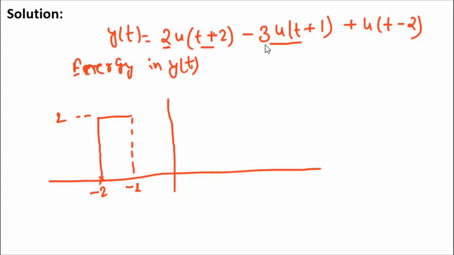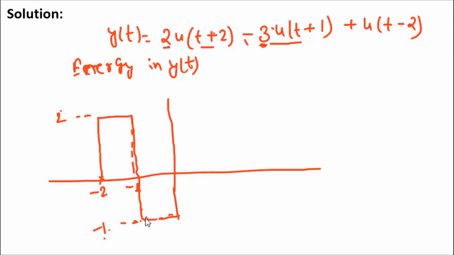But at t equal to minus 1, its amplitude changes from 2 to minus 1, because the change in the amplitude is minus 3.